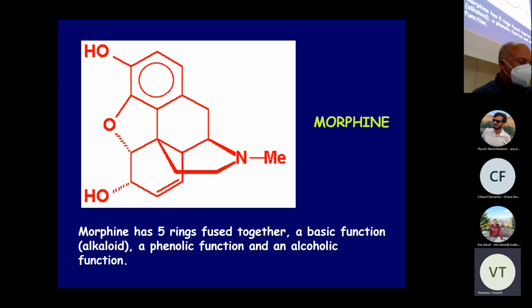Now, we start with the description of the chemical structure of morphine. Morphine is characterized by 5 rings: ring A, ring B, ring C, ring D, and ring E, fused together.